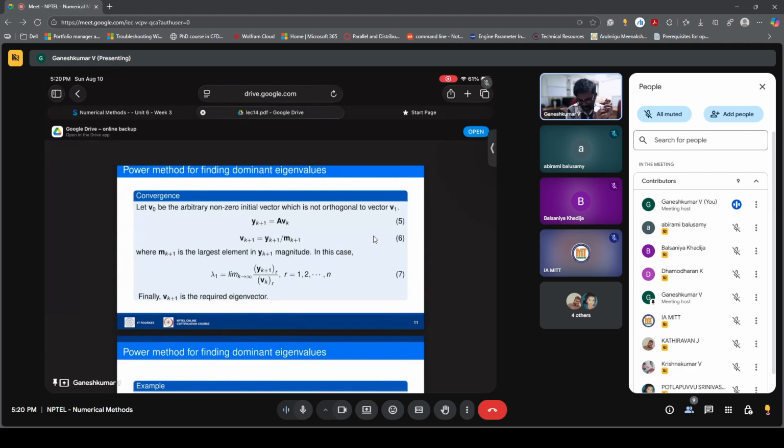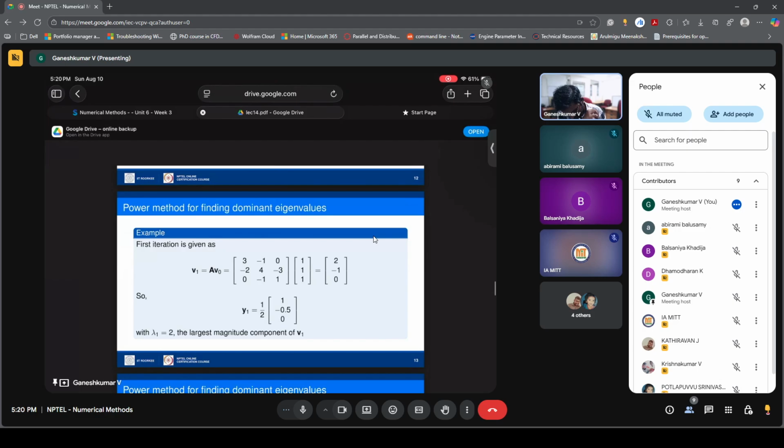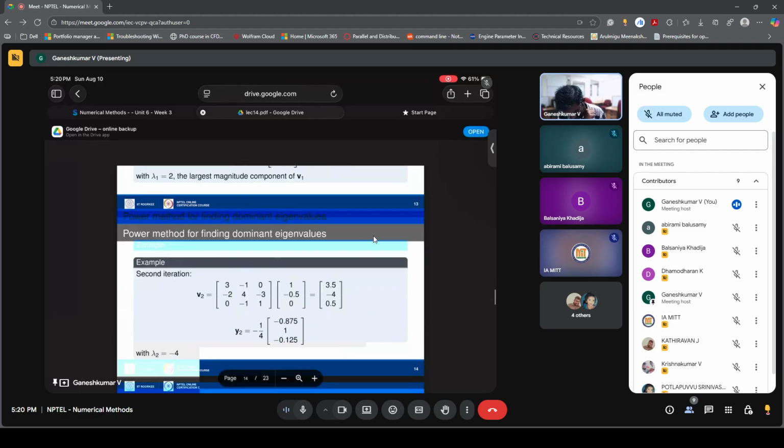Mk plus 1 is the largest element in Yk plus 1 in magnitude. In this case, just magnitude.